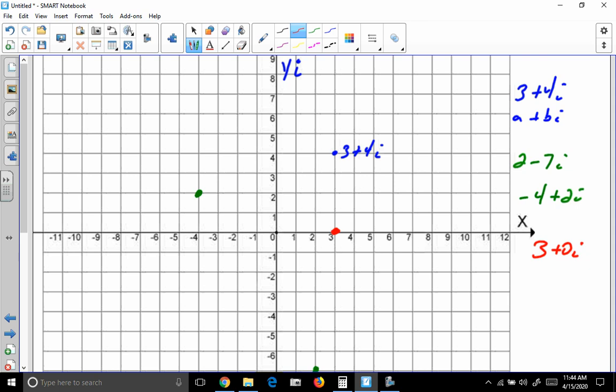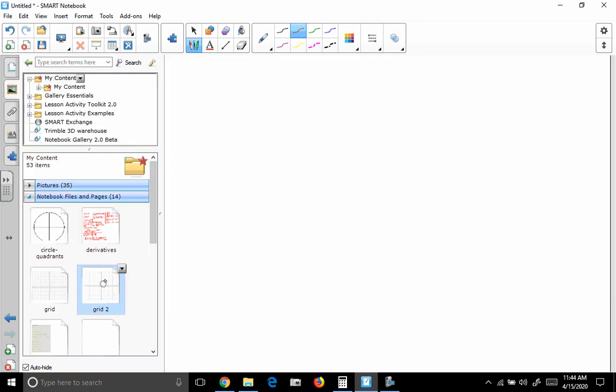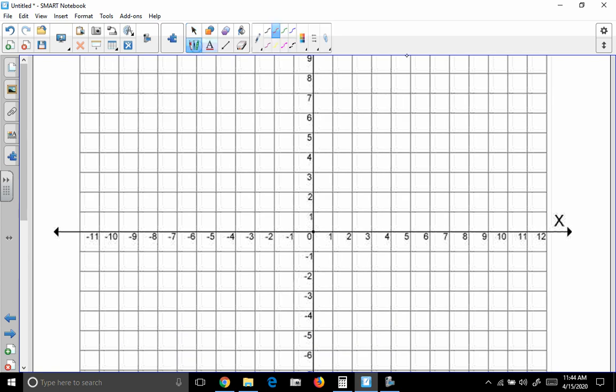Another thing we have to do is find the absolute value of a complex number. So let's graph 3 plus 4i. That point is the location of that complex number. The absolute value of 3 plus 4i is like finding any absolute value.